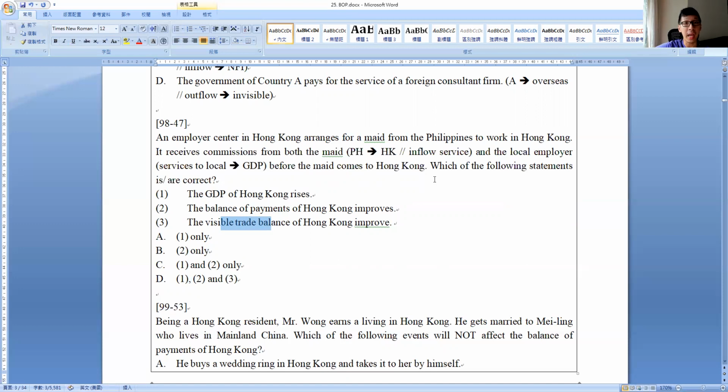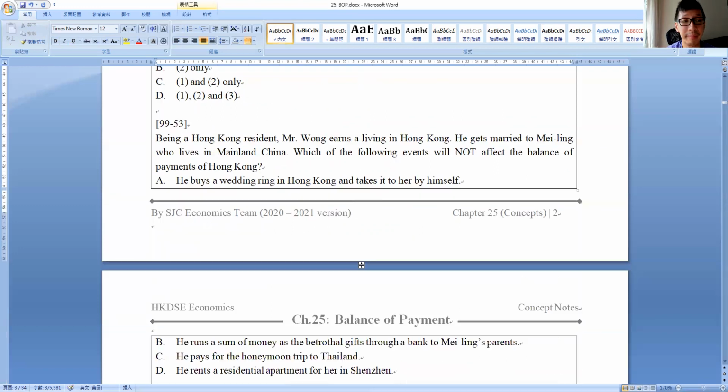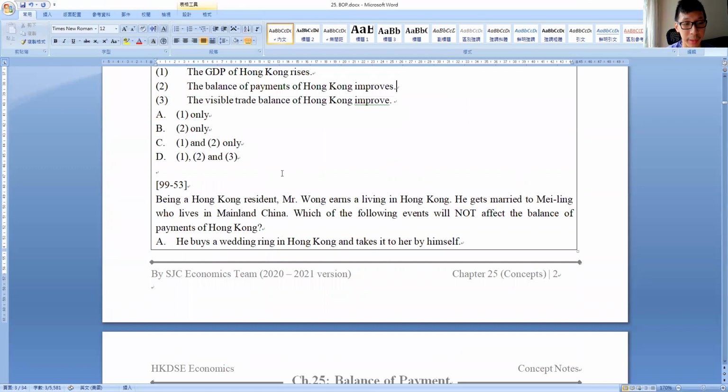You send someone here, you buy their service. So this is an invisible trade. Don't see a person, tangible, and say visible trade, that would be foolish. Be careful. So the answer will be 1 and 2. Okay, 1 and 2. C.